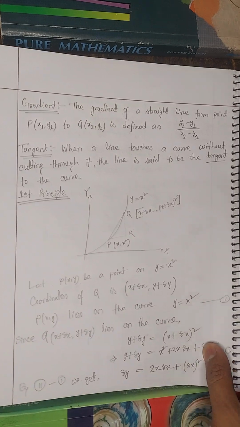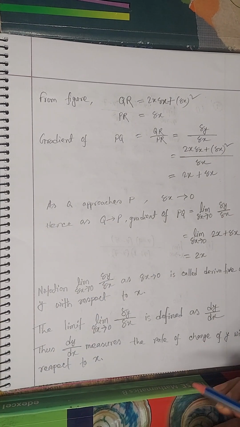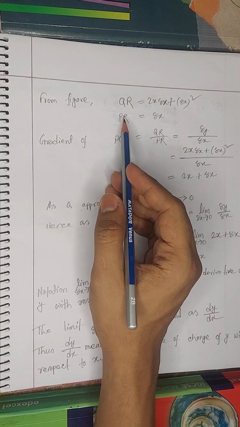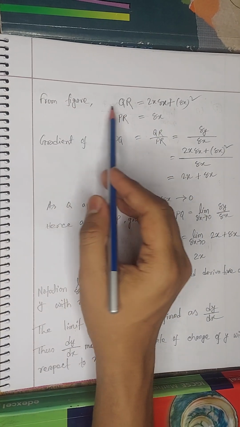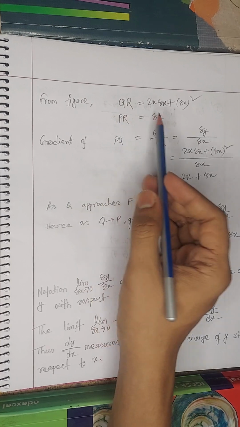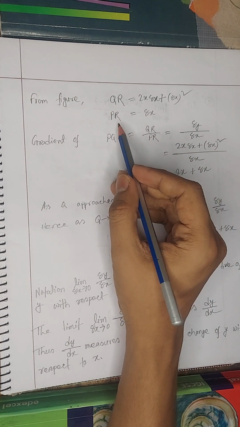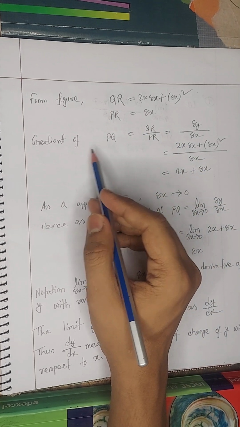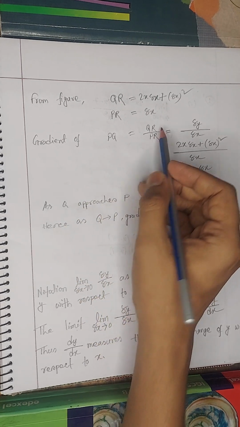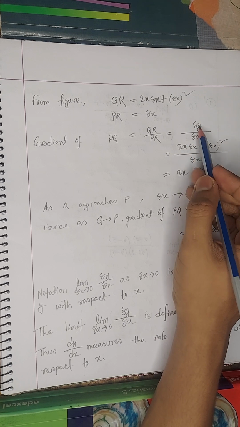Now from the figure I showed before, QR is equal to 2x delta x plus delta x whole square, and PR is equal to delta x, and then the gradient of PQ will be QR by PR, which is delta y by delta x.